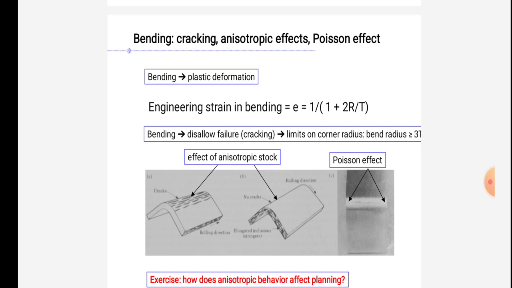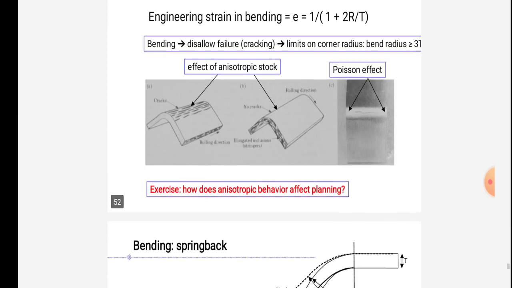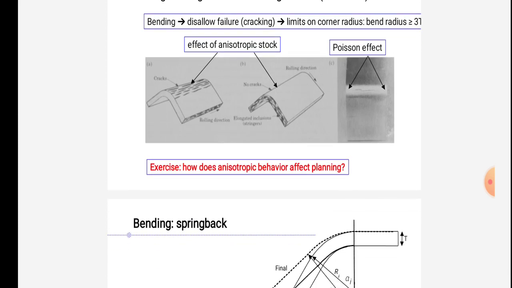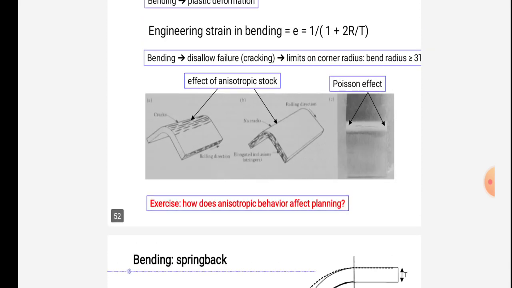Effect of anisotropy and Poisson's effect is shown in the figure. There are no cracks in figure A. There are cracks along the rolling direction in figure B. There are no cracks when the rolling direction is correct.